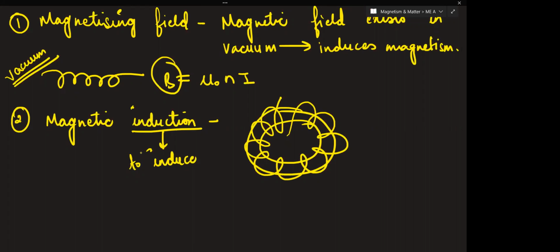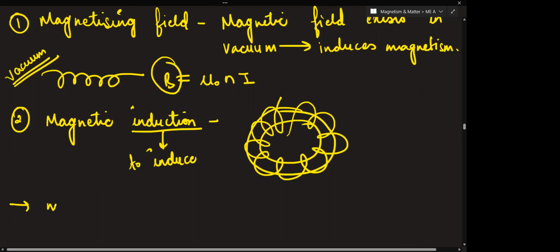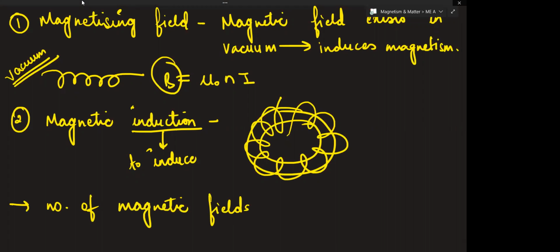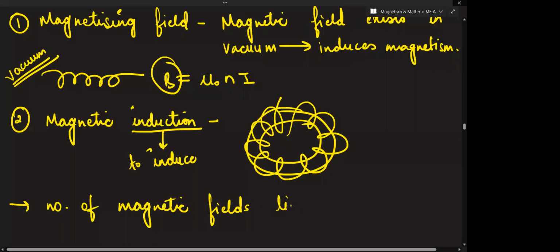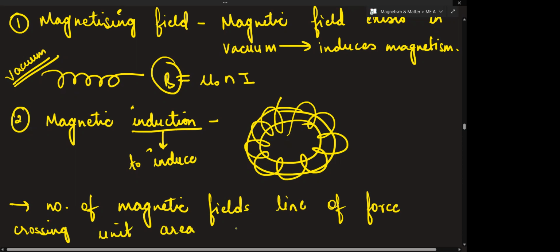Or you can simply write magnetic induction as the number of magnetic field lines of force crossing unit area normally.